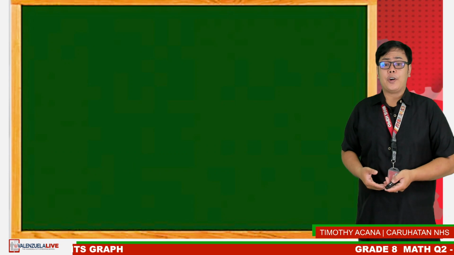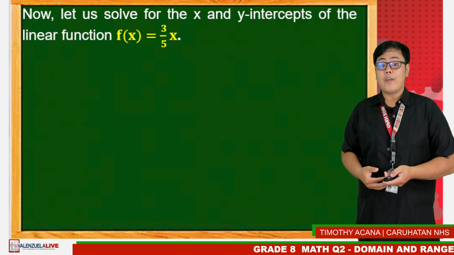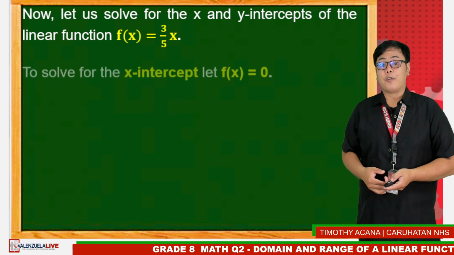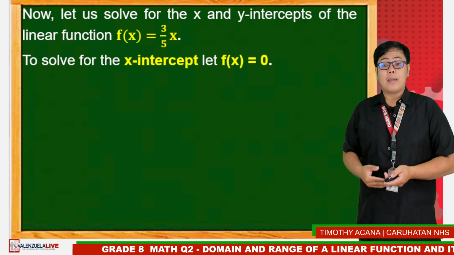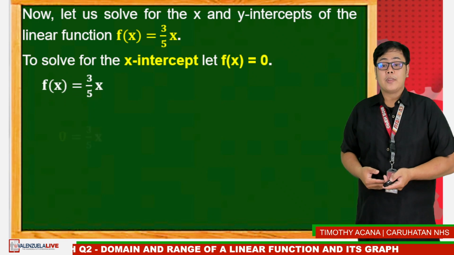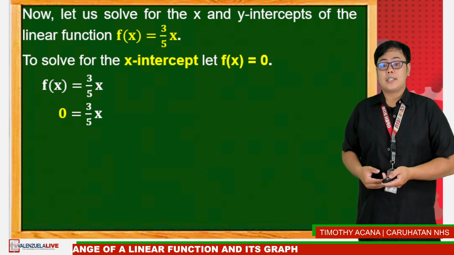Now, let us solve for the x and y intercepts of the linear function f(x) = 3/5 x. To solve for the x-intercept, let f(x) be equal to 0. We have 0 is equal to 3/5 x.